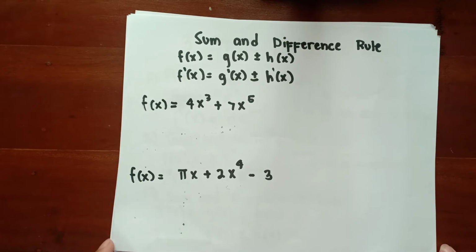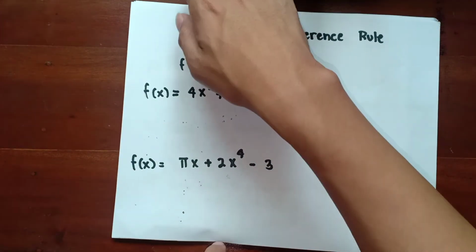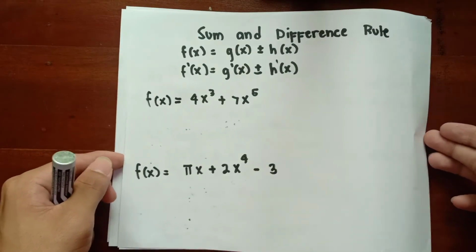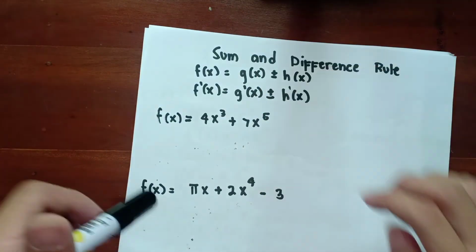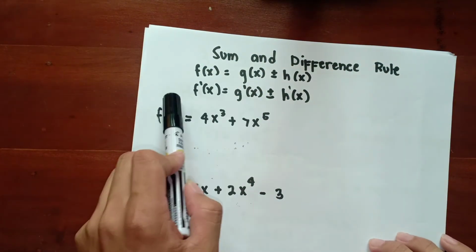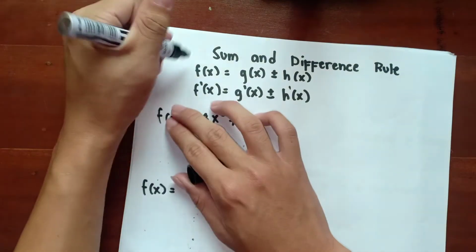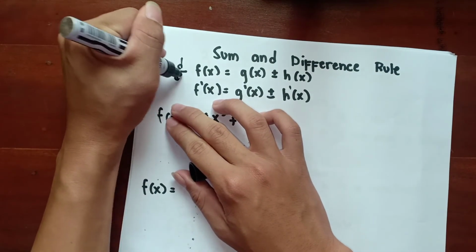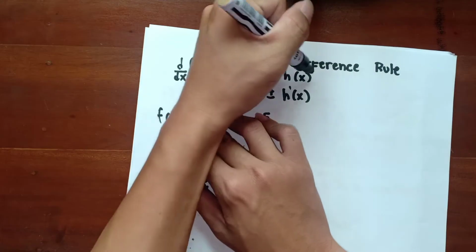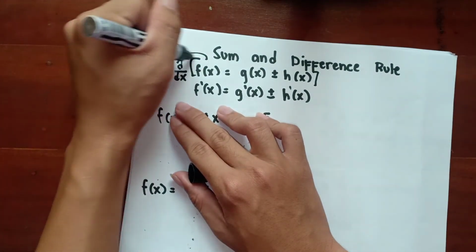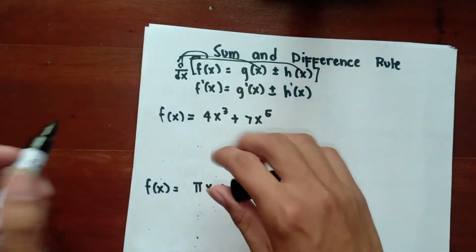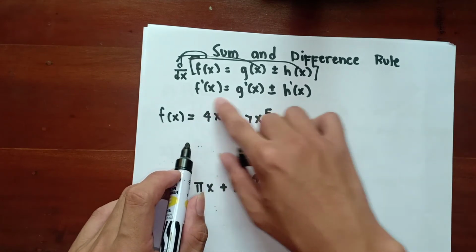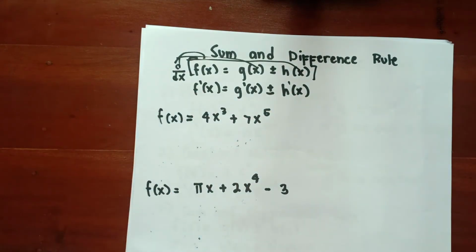If you can recall the distributive property, you just distribute the differentiate sign to every term, so we can come up with this function.